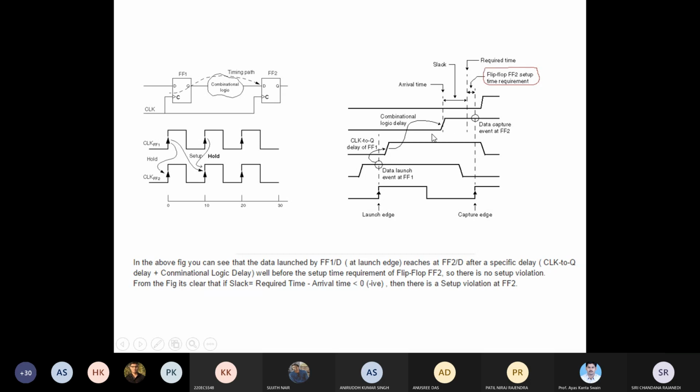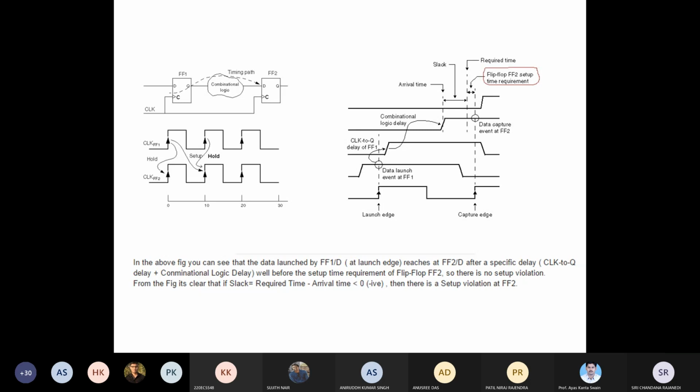But in this design, after the combinational delay the data is available much before this, and that is called the arrival time. Required time is the time after deducting the setup time from the clock edge. This is the actual time by which the data must come.